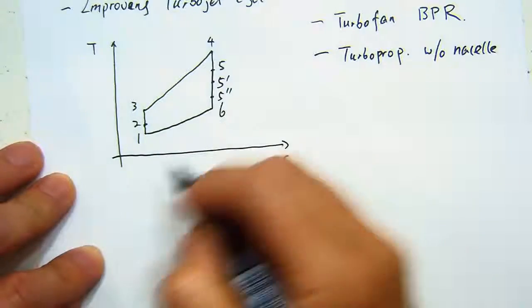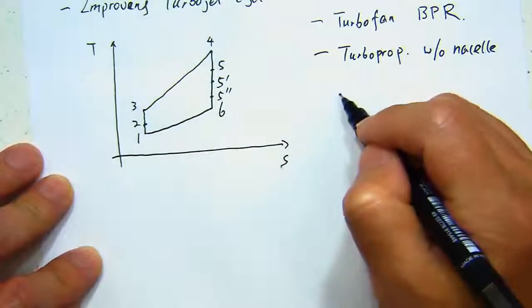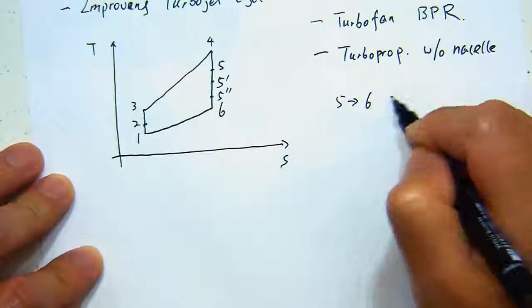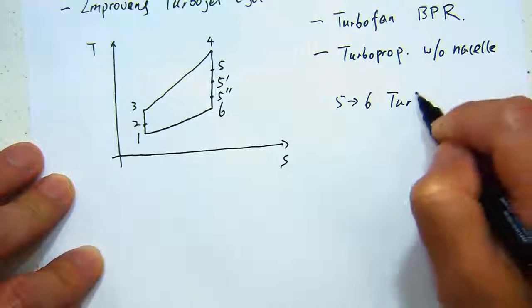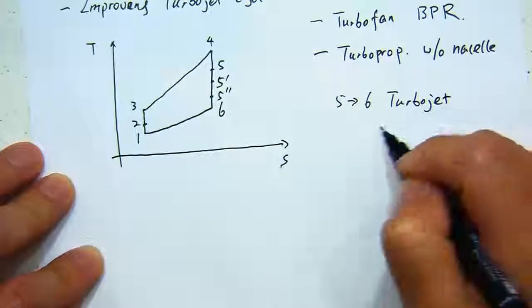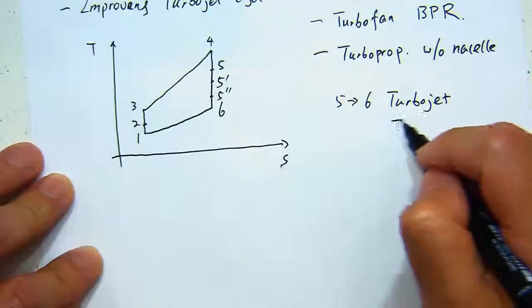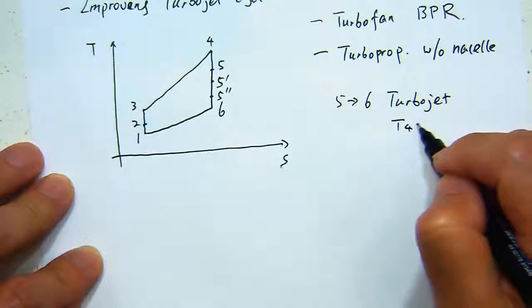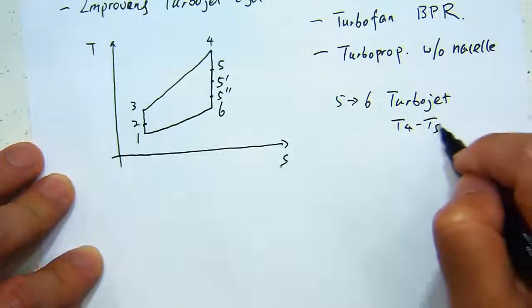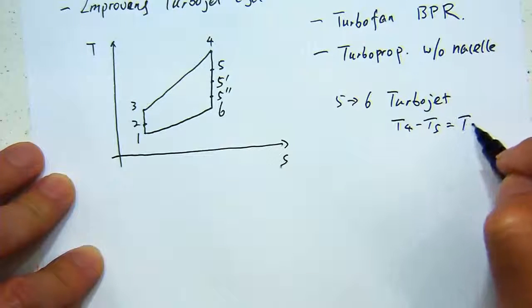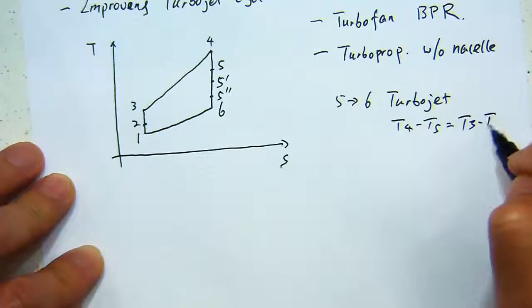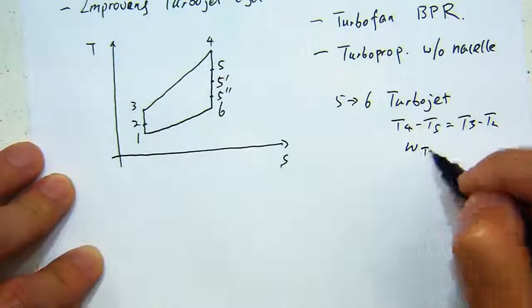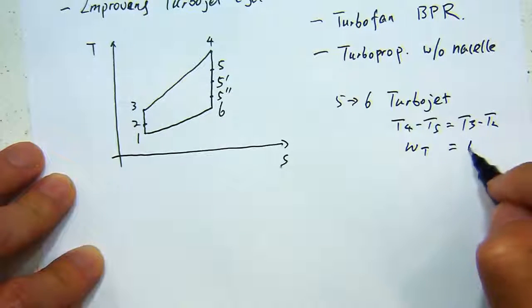So let's write the first one, which is 5 to 6, that's corresponding to the pure turbojet, where we say that T4 minus T5 equals T3 minus T2. The turbine work equals the compressor work.